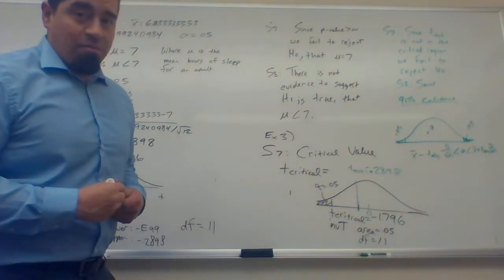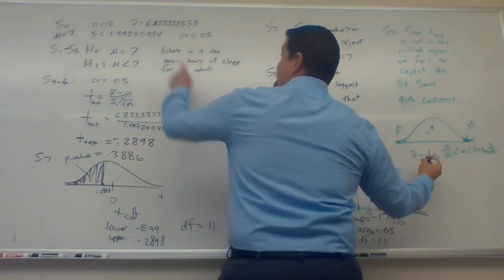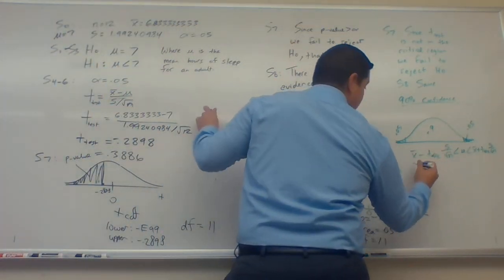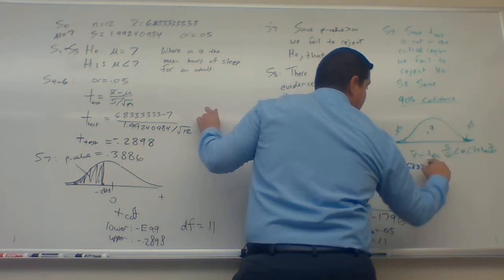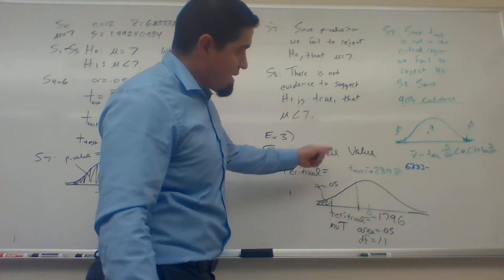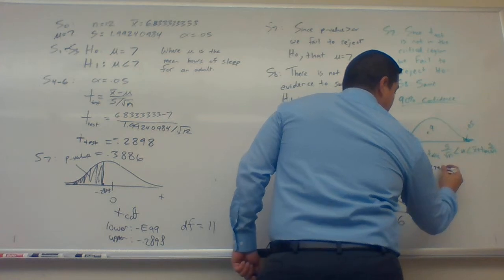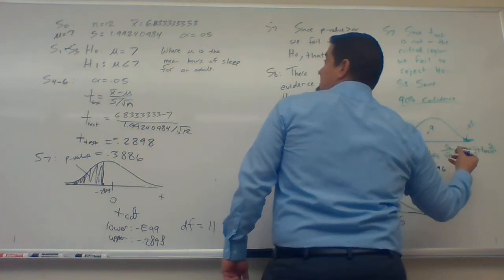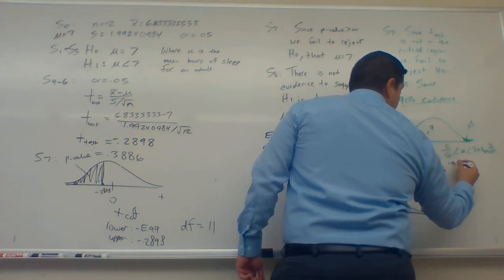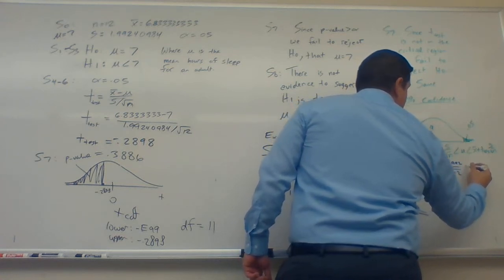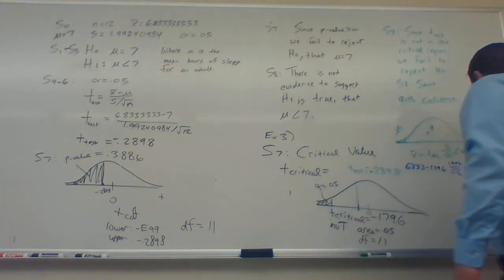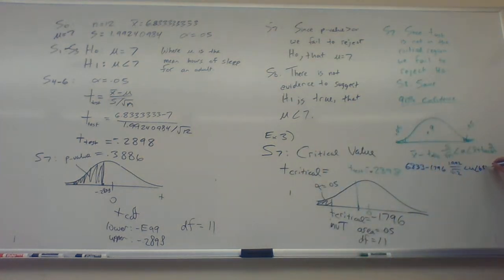Here what you end up with is 6.833 minus t alpha over 2, which is the inverse t of 0.05, turns out to be the same thing, negative 1.796, times s, 1.992, over the square root of 12, less than mu, less than the same thing on this side, except plus 1.796 times 1.992.